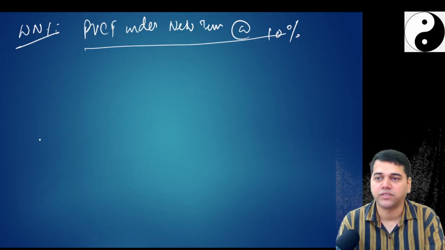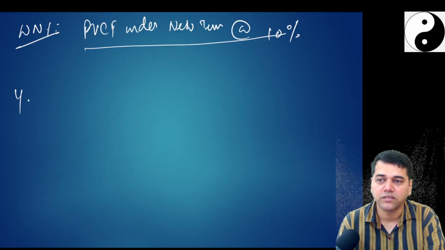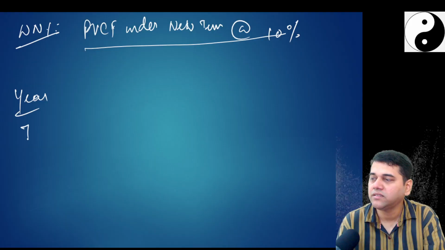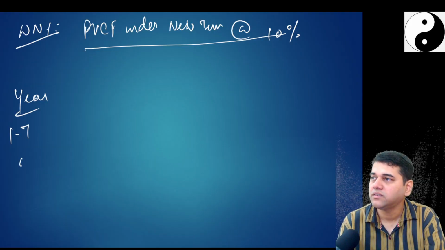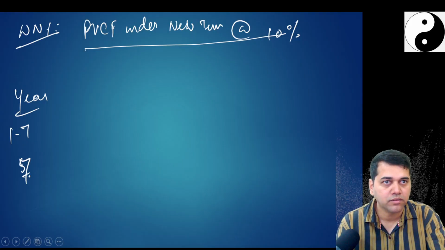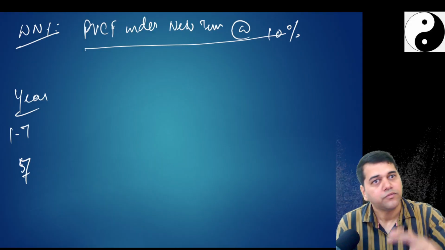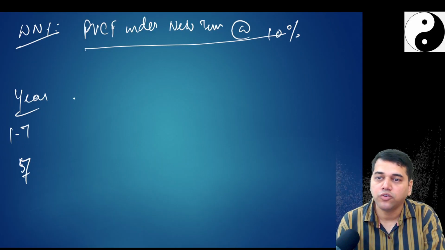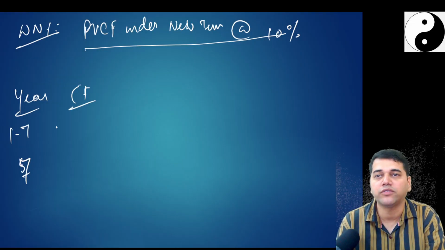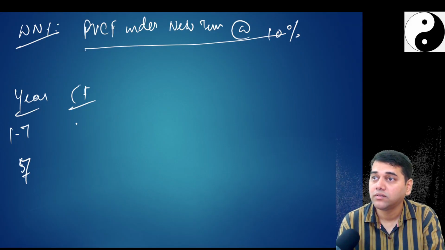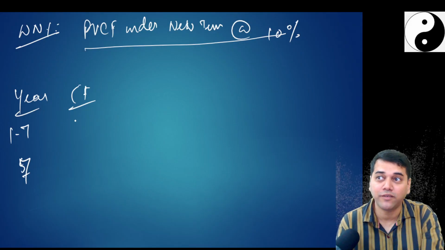So tell me, students, I have got a year here. How much? 7th year, or 1 to 7 years? 7th year, because I am at the end of the 5th year. 5 years more was there, and it got extended by 2 more years. So what is my cash flow for 1 to 7 years? 5% on what? 15 is the redemption value.